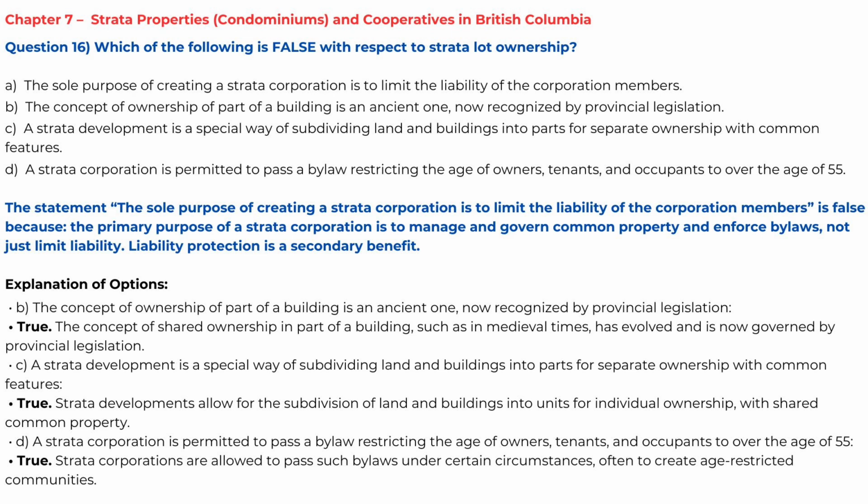True. Strata developments allow for the subdivision of land and buildings into units for individual ownership with shared common property. D. A strata corporation is permitted to pass a bylaw restricting the age of owners, tenants, and occupants to over the age of 55. True. Strata corporations are allowed to pass such bylaws under certain circumstances, often to create age-restricted communities.